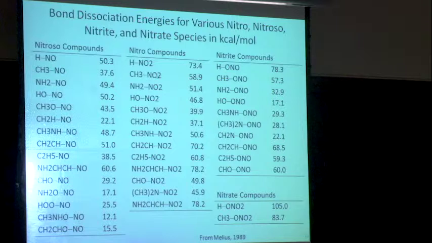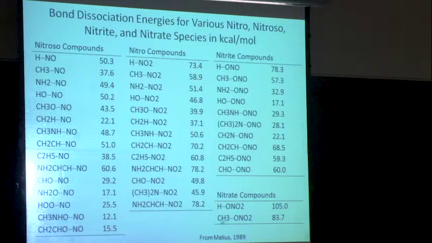I can also look at the difference between, say, nitromethane, methyl nitrate and methyl nitrite. You can see here, if I look at the CN bond, again, it's about the 59 I mentioned. If I come over here, it was the 57. And if I come down here, the CO bond is considerably larger.